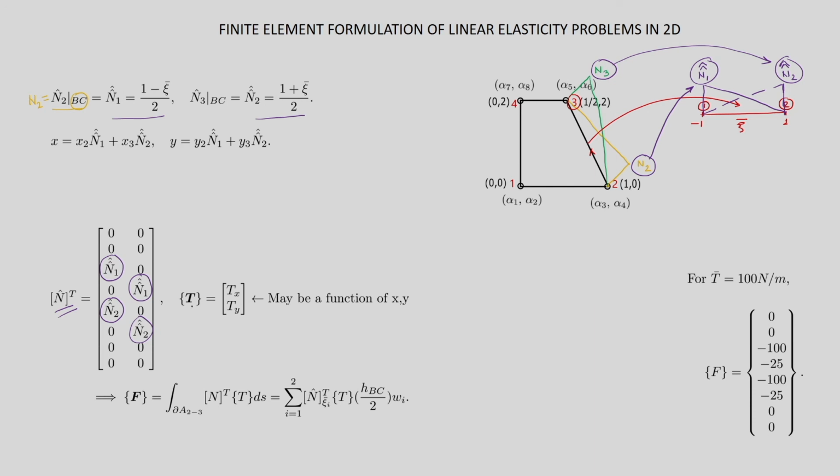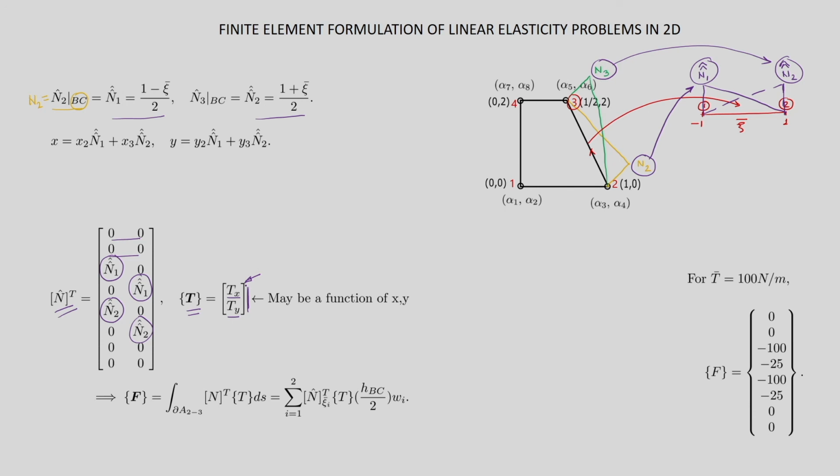And the t vector will be specified, so it has two components, tx and ty. So we now have to multiply N transpose t. As you see, if I multiply, the first row times this column becomes 0, the second row times this column becomes 0.